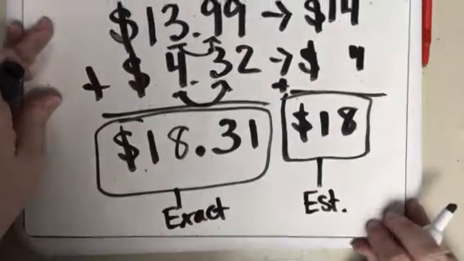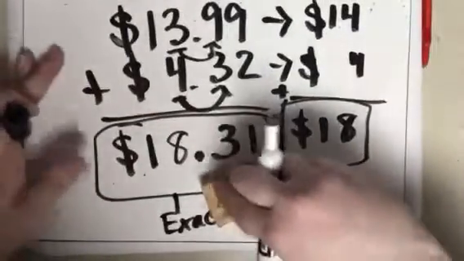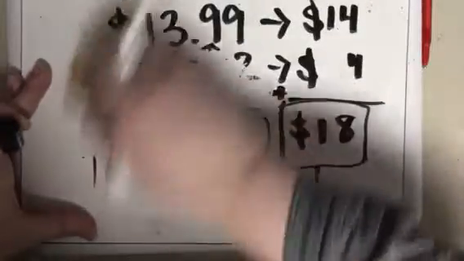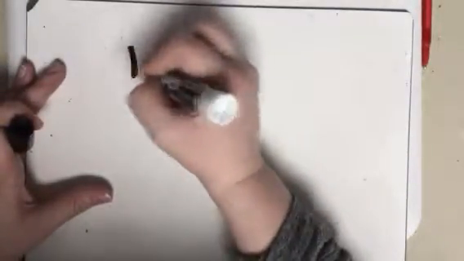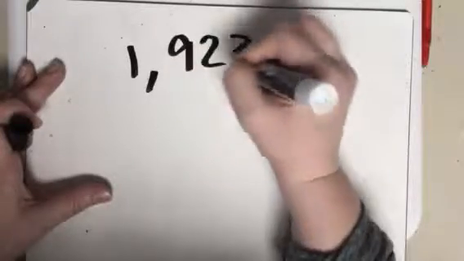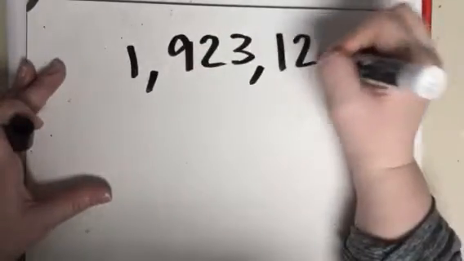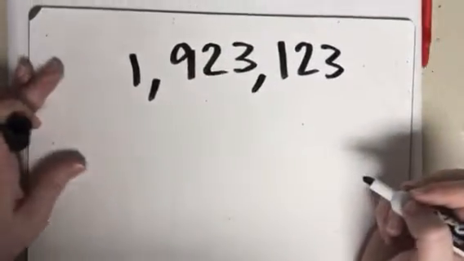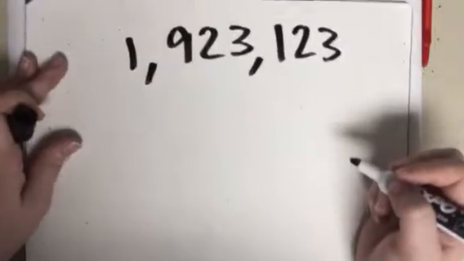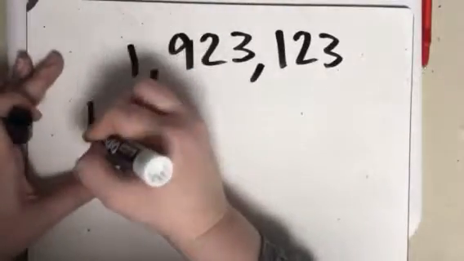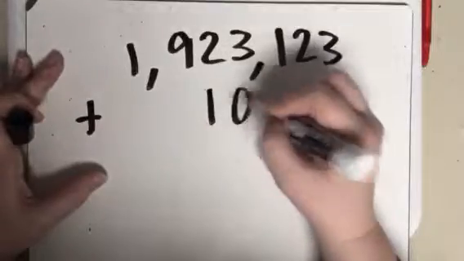All right, we'll do one more example with a larger number, because then you might not want to round to a whole number. You might want to round to the nearest 100 or 1,000 when they're larger numbers. So let's see. What if it was 1,923? I'll do estimate the sum still.